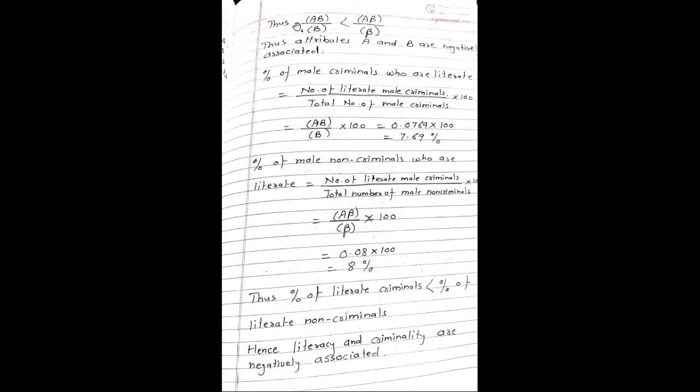And A beta can be calculated as A minus AB, that is 20 minus 0.02, which is equal to 19.98. So A beta upon beta is equal to 19.98 divided by 249.74, which is equal to 0.08. Thus AB upon B is less than A beta upon beta. Thus attributes A and B are negatively associated.